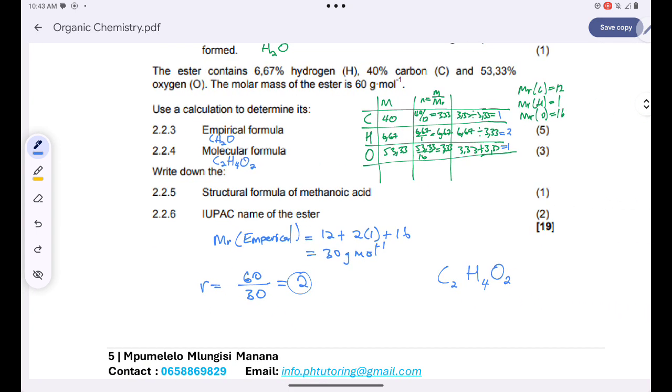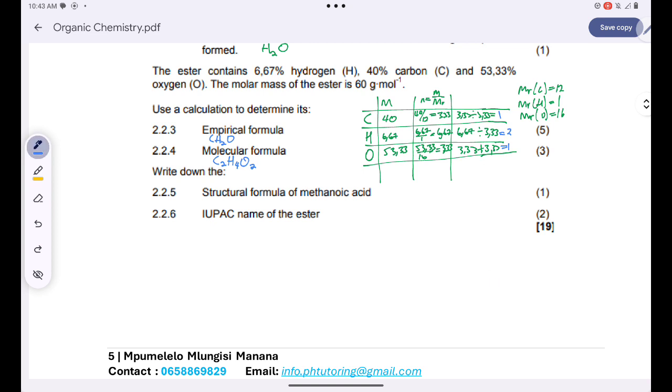Okay, write down the structural formula of methanoic acid. The structural formula of methanoic acid. It's simply like this. That's methanoic acid. The IUPAC name of the ester, I just said it was going to be methyl methanoate.